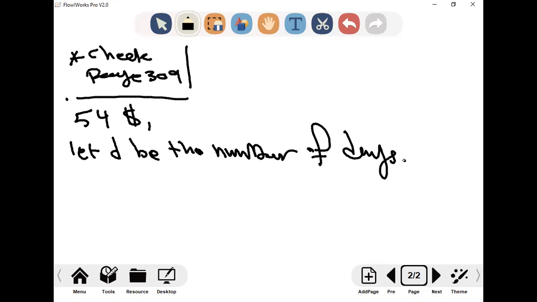She has 54. Each day she spent $6, right? But in D days, how much she will spend? In D days, how much she will spend? 6D, right? 6 multiply D.